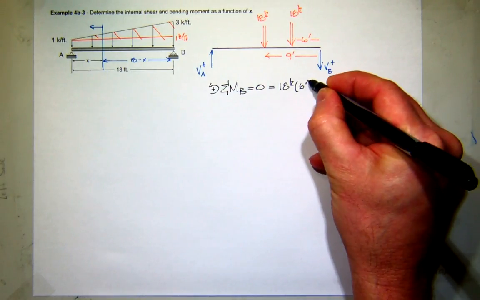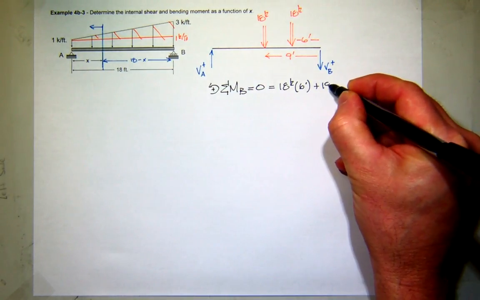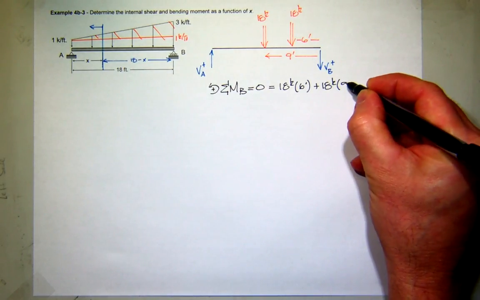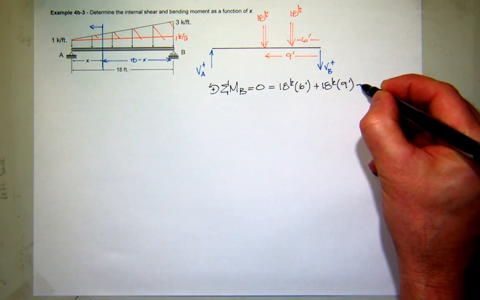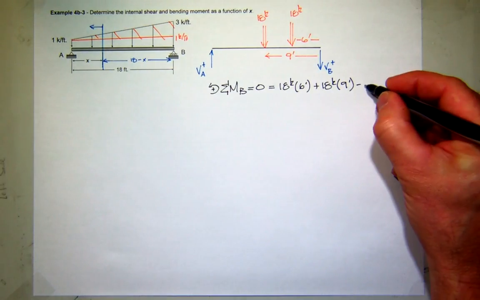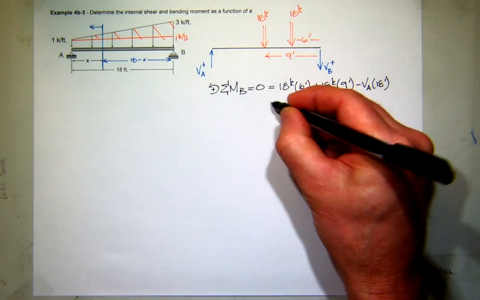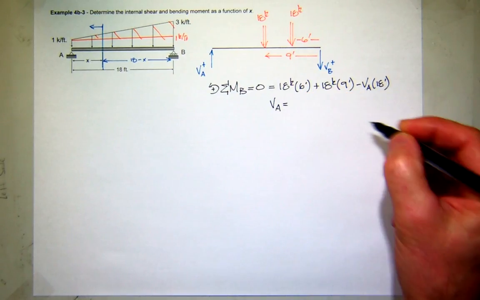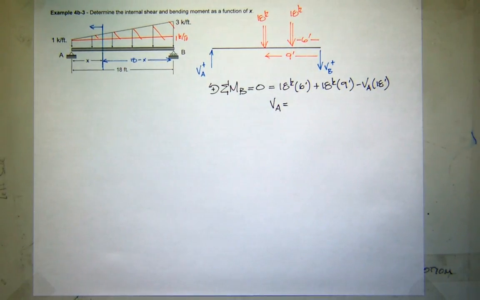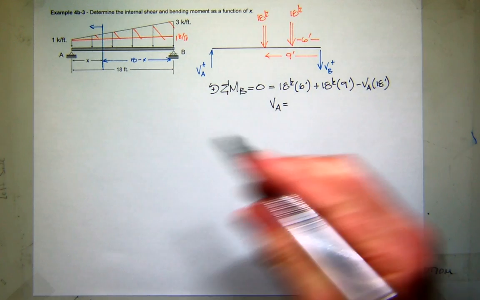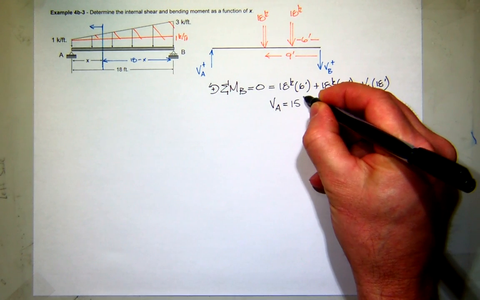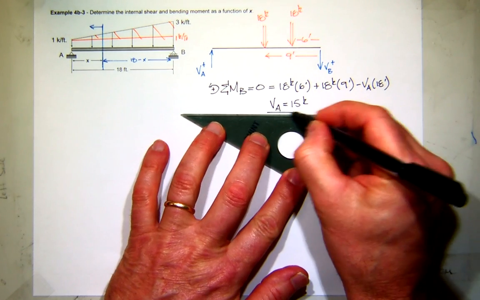What about the second one? Right. And then what's left? Right, so this force is creating negative moment times 18. So what's that equal to? The shear at A is, looks like 15. Is it 15? Yes? Yeah. And it's positive, so it is a positive shear at A.